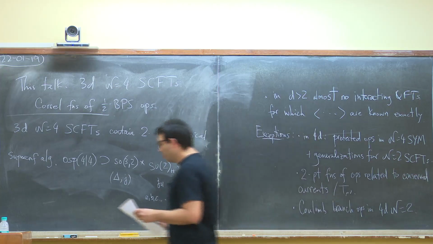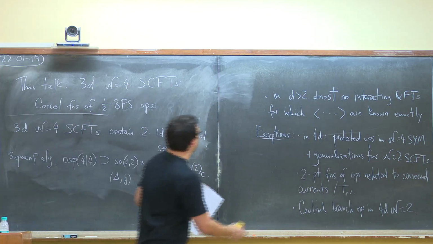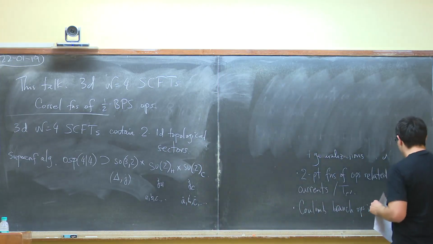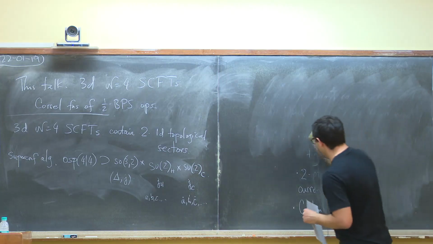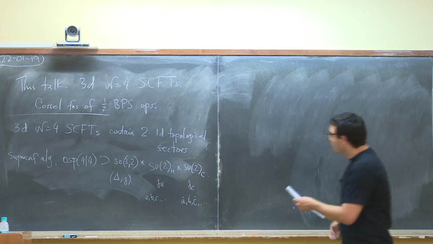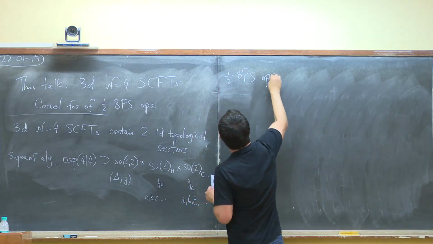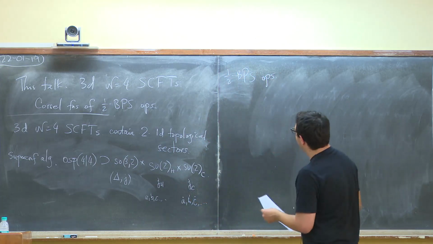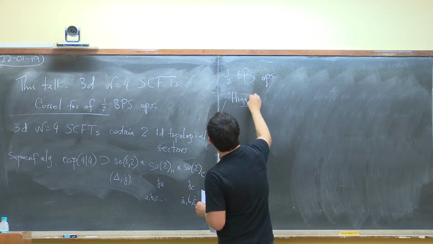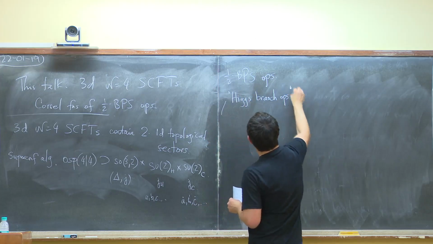These theories contain generically 2 types of half BPS operators. So the half BPS operators are of 2 types. One type is what I'll call Higgs branch operators.